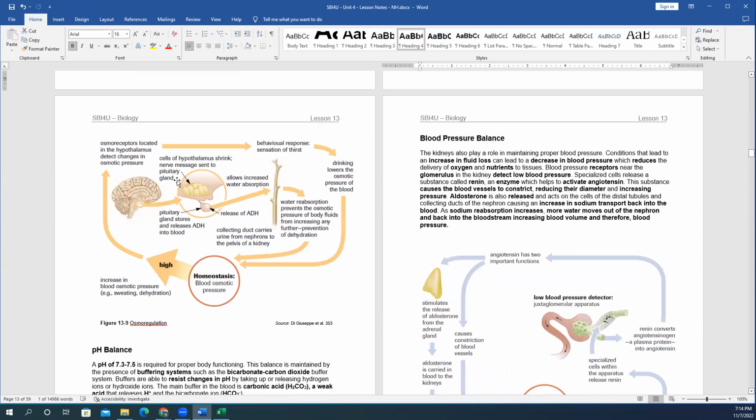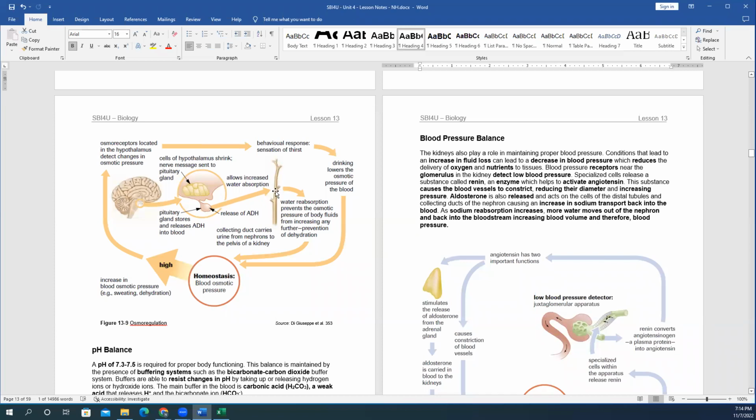So this diagram really summarizes what we just talked about, the process of osmoregulation of the blood osmotic pressure. If the blood osmotic pressure is too high, a signal is sent to the osmoreceptors located in the hypothalamus of the brain, and they detect the change in osmotic pressure, which will then send signals to the pituitary gland to release ADH.